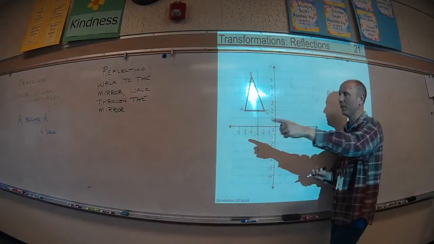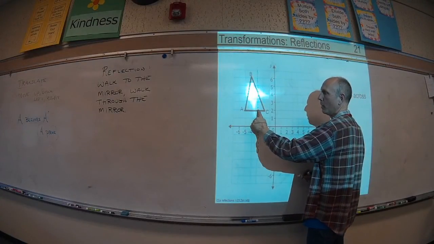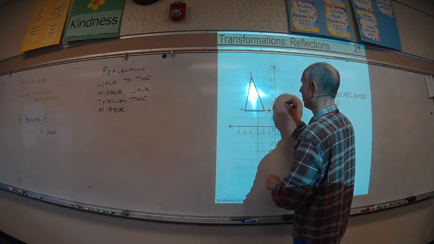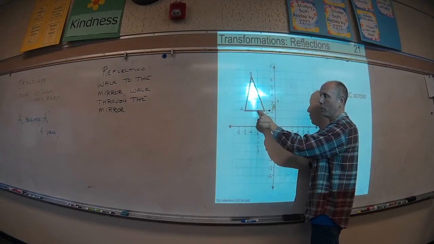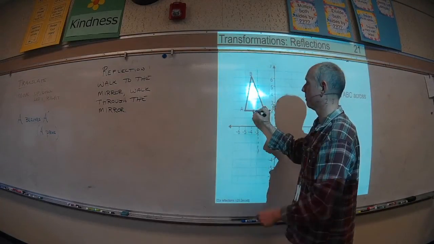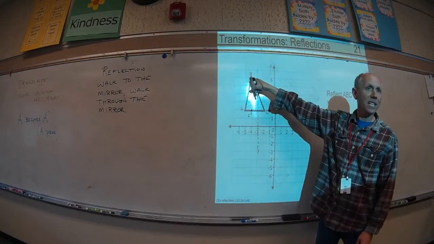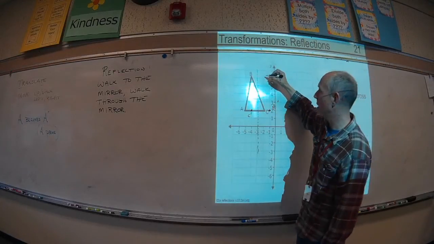Point by point. Gavin, count with me. Walk to the mirror. Walk through the mirror. What's the name of this point? Gavin, again. Walk to the mirror. Walk through the mirror. What's the name of this point? B. Maddie, walk to the mirror. 1. Walk through it. What's the name of it?